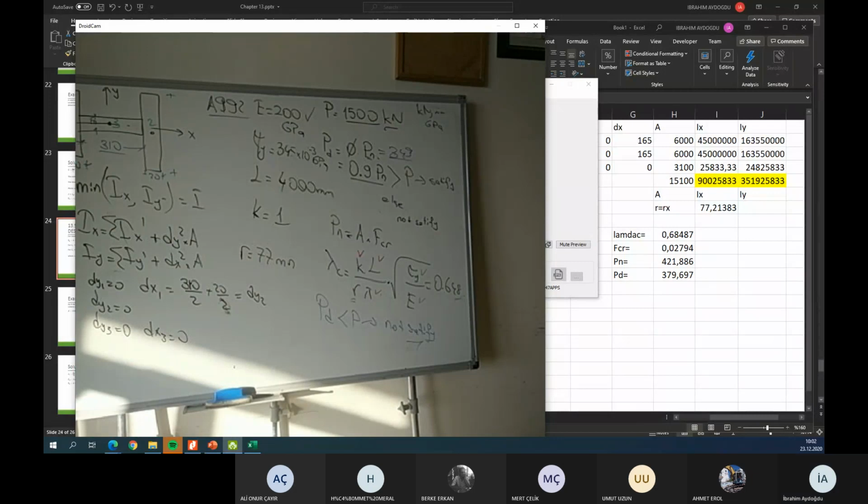Okay. I hope you understand the example. Did you like this example? Maybe it's so simple. You can use a similar example for the steel design course. Did you take steel structures, steel design?